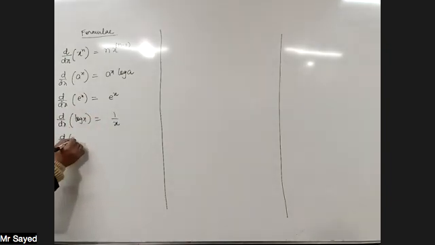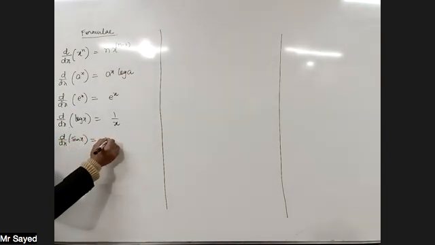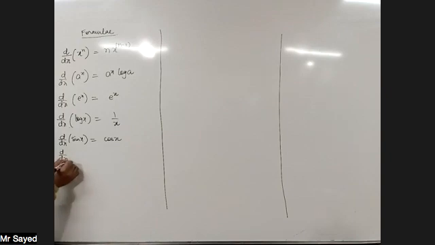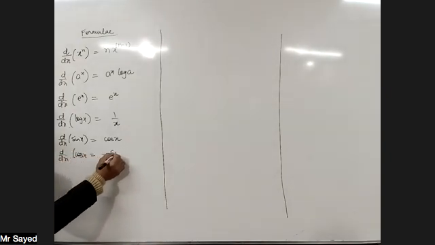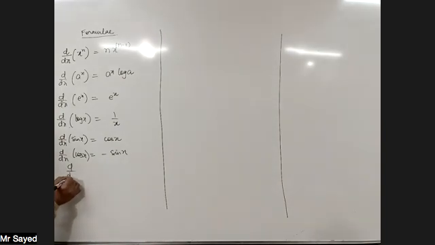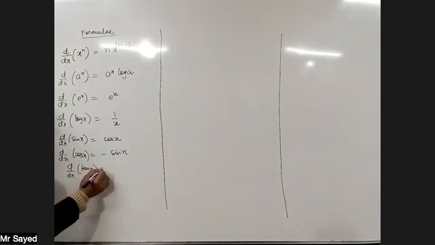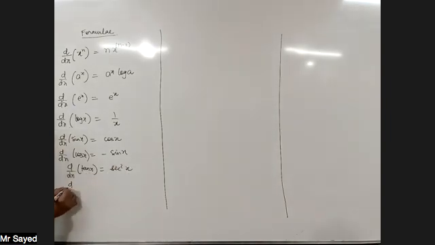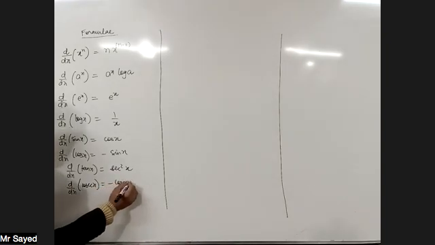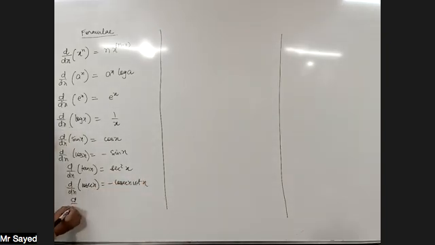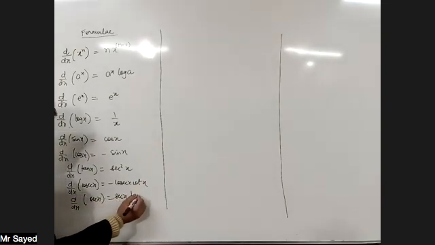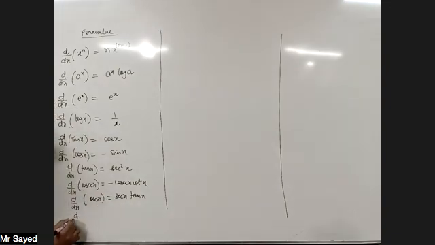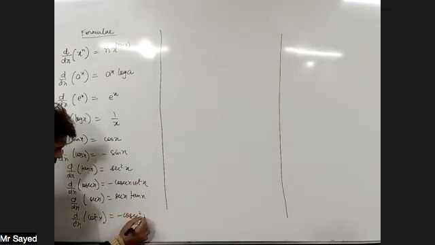Then trigonometrical functions: d by dx of sin x is equal to cos x. d by dx of cos x is equal to minus sin x. d by dx of tan x is equal to sec square x. d by dx of cosec x is equal to minus cosec x cot x. d by dx of sec x is equal to sec x tan x. And lastly, d by dx of cot x is equal to minus cosec square x.